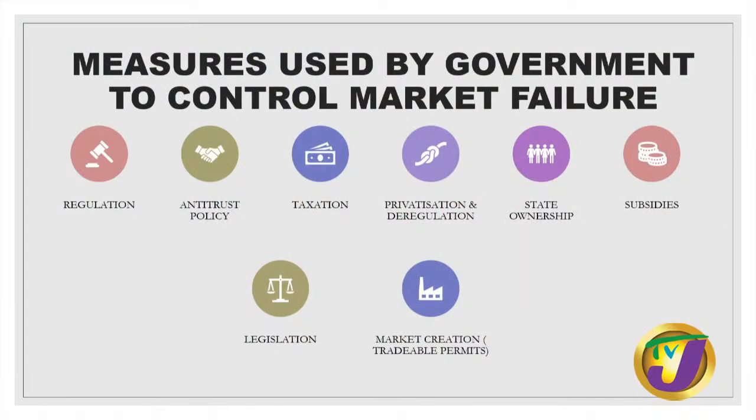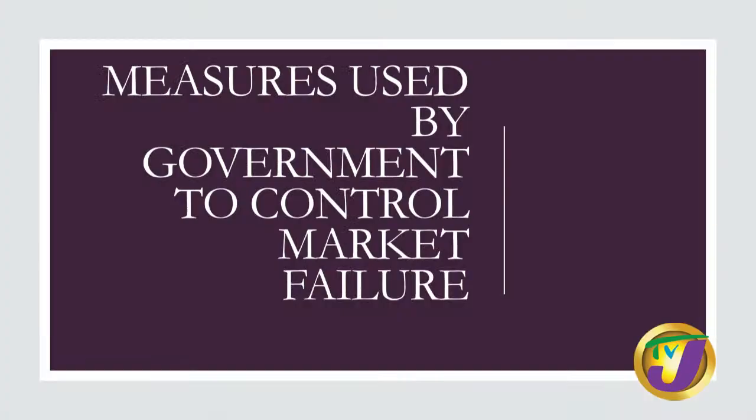I want you to try to make a link between the different causes and what strategies can be used to intervene in specific types of market failure. So I did mention before that there is regulation, antitrust policy as measures, taxation, privatization and deregulation, state ownership, subsidies, legislation, and market creation, making tradable permits.